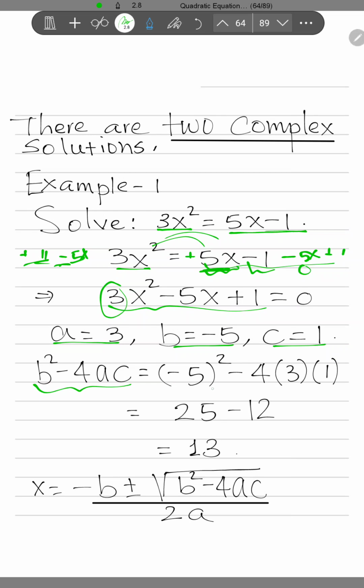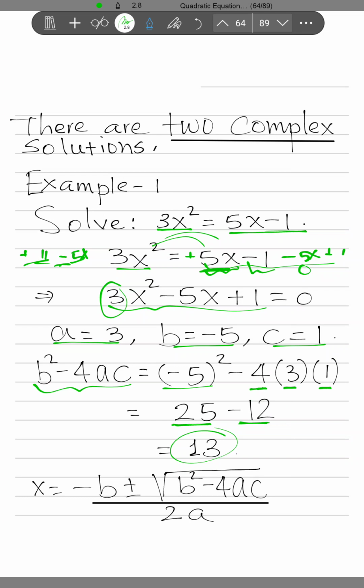So b squared is minus 5 squared, minus 4, a is 3, c is 1. So 25 minus 12, 13. From this value, now we know that we will have two real solutions. So x is minus b plus or minus square root of b squared minus 4ac over 2a.